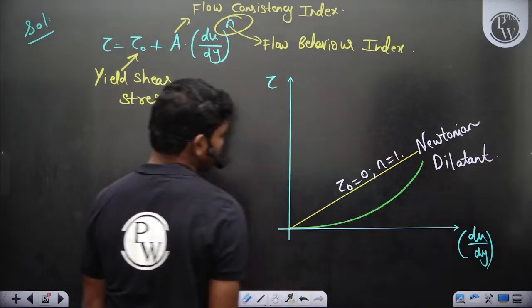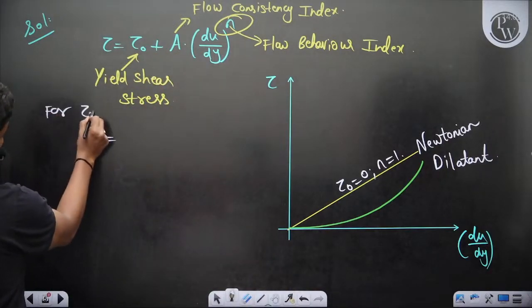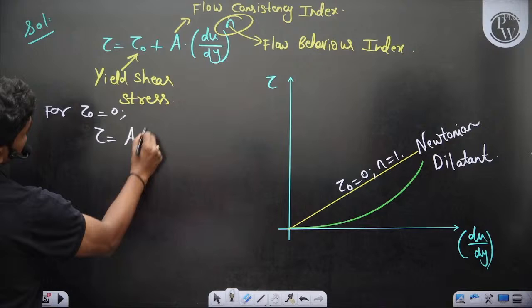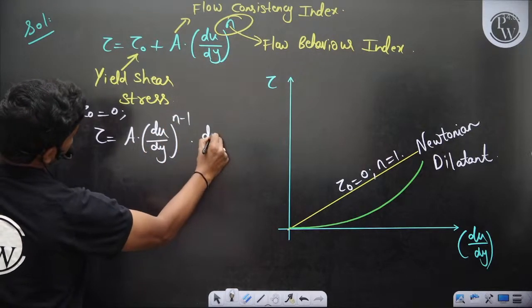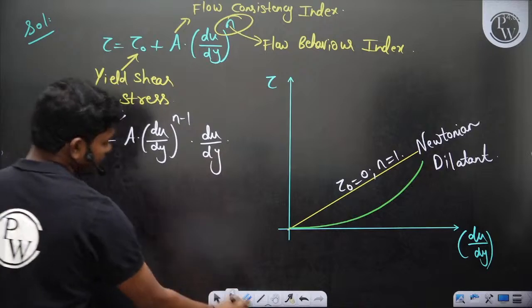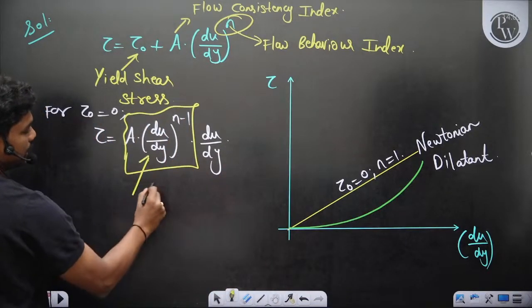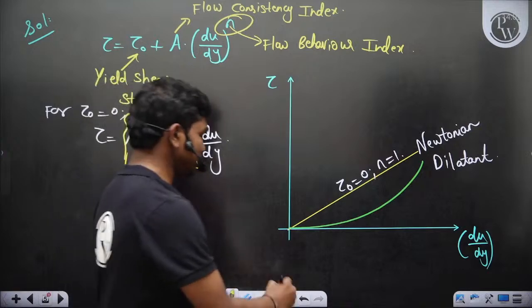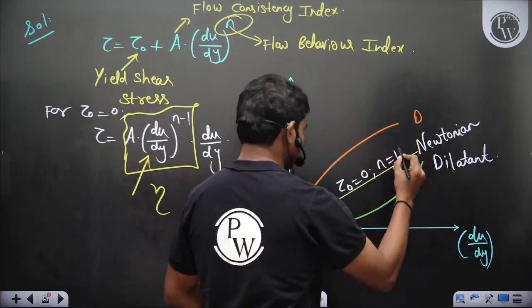Okay, and normally for tau naught equal to 0, tau can be written as A (du by dy) whole power n minus 1 into du by dy. यहाँ जो टर्म है इसको कहते हैं apparent viscosity eta, correct? So that's the apparent viscosity eta, and obviously you have this set of fluids which are pseudoplastics.